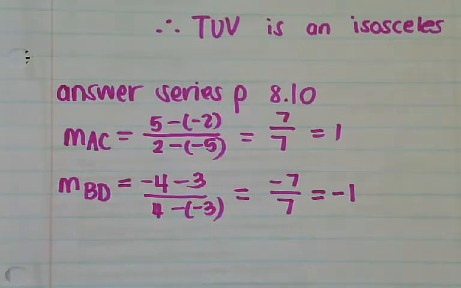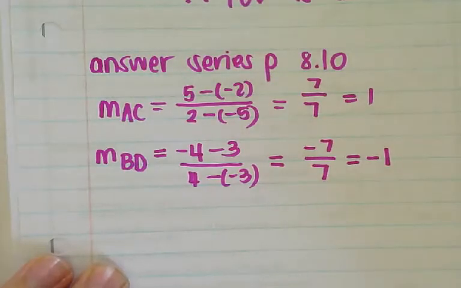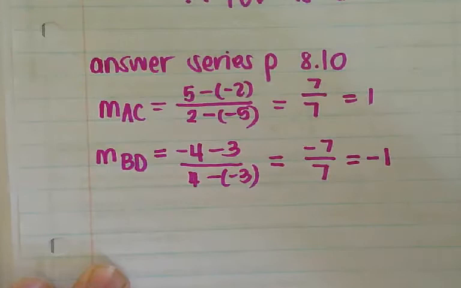My next question asks if these two lines are going to be perpendicular or not. What do I need to show to prove that they are perpendicular? There we go. Show that when I multiply the gradients, my answer is negative 1.